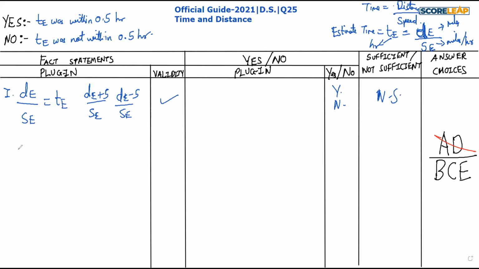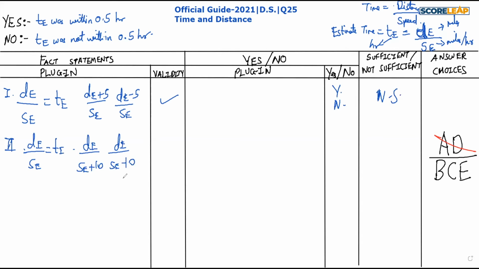Statement 2 says that Joanne's estimate for her average speed was within 10 miles per hour of her actual average speed. So DE by SE equals TE. Now SE is within 10 miles per hour, so it can be DE by SE plus 10, or DE by SE minus 10.